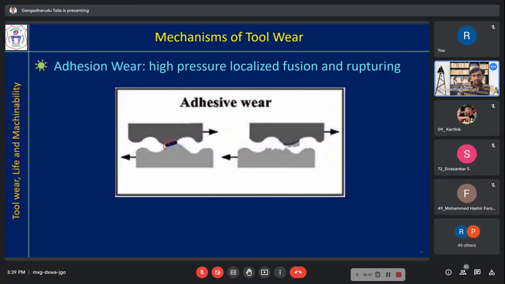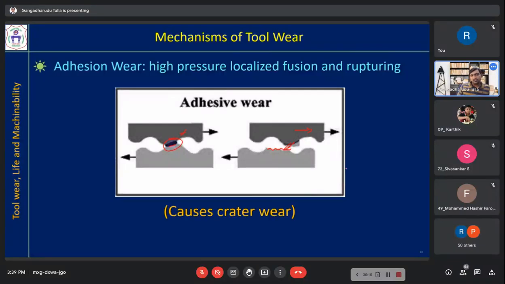Here there will be asperities, so one material is sticking to another material. Let us say this is the chip material going out. Some portion of the tool material is also going with this chip. It is adhered to this.